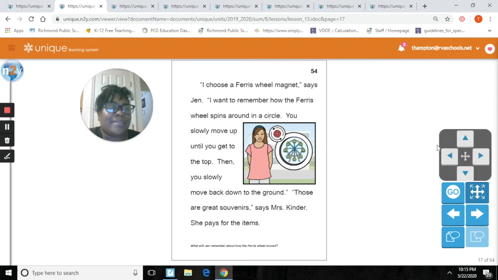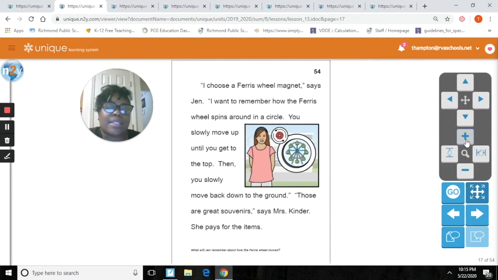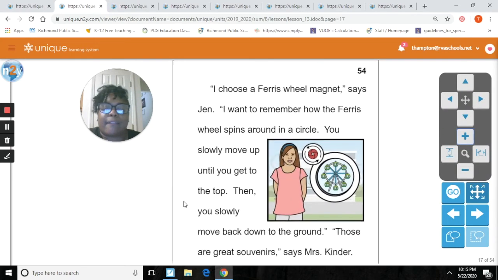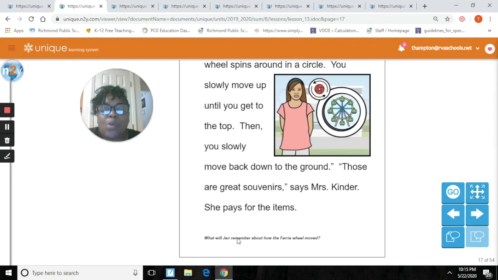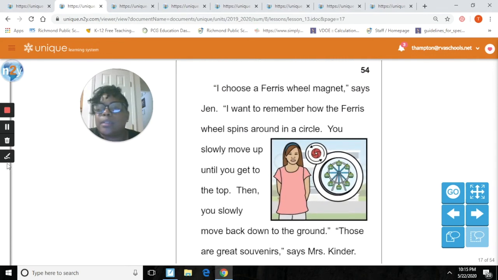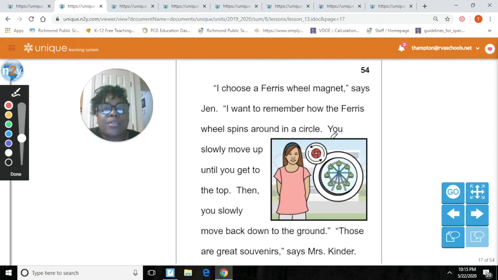Okay, let's see what our focus question says. What will Jen remember about how the Ferris wheel moved? How did it move? She says, you move slowly up, right? See, she's talking about the Ferris wheel. There it is. She said you move slowly up and then you move slowly back down to the ground. Okay?